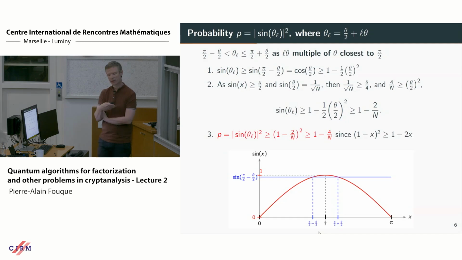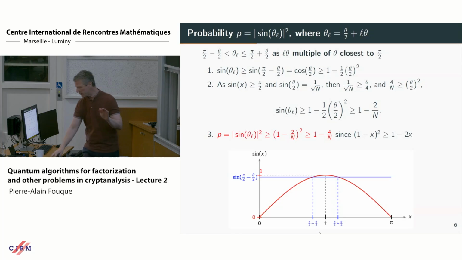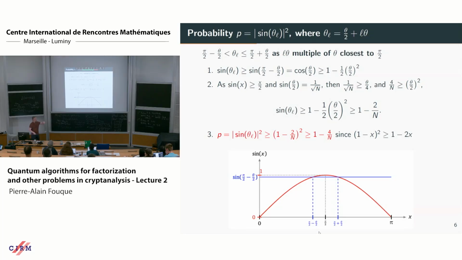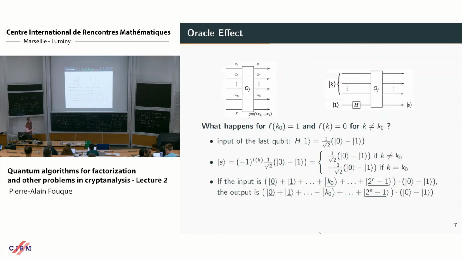Okay? So now I have to explain to you why, in fact, in Grover's algorithm, we are doing some rotation. And this is, in fact, in 2 steps. So the first step is to see that the function that we evaluate, in fact, is this function. It's always equal to 0 for all values except for k0. And in this case, here I put 1.